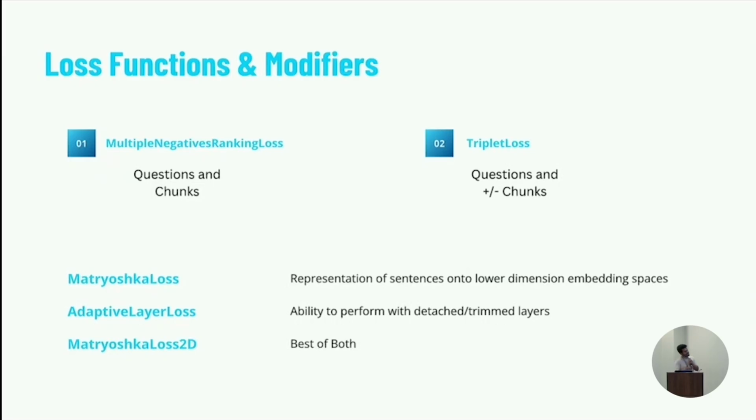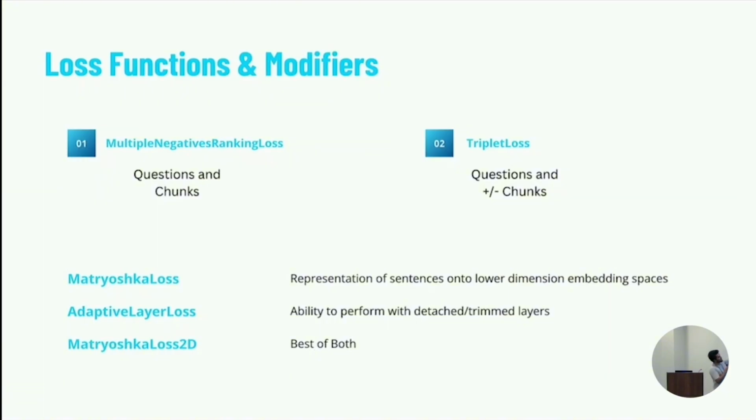So after the dataset types, there is a little introduction on loss functions and modifiers. Once you have selected a particular dataset type and a candidate embedding base model, the next part is to select the appropriate loss function, and I would come to the modifier after this. The loss function essentially ensures that the embedding model tries to bring the query and anchor examples that you have provided closer to each other.